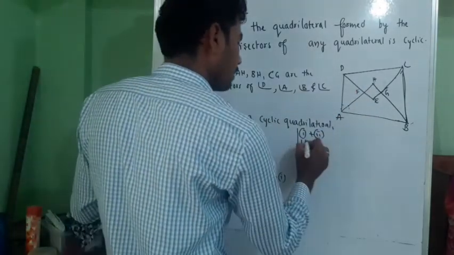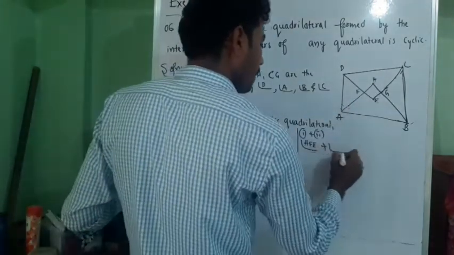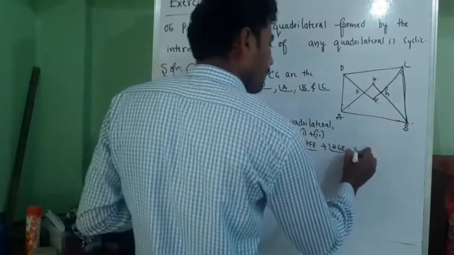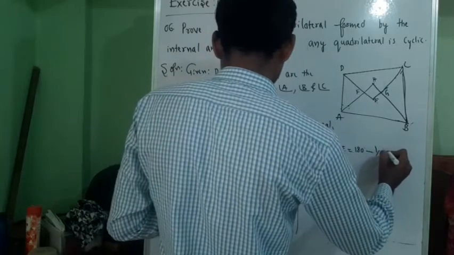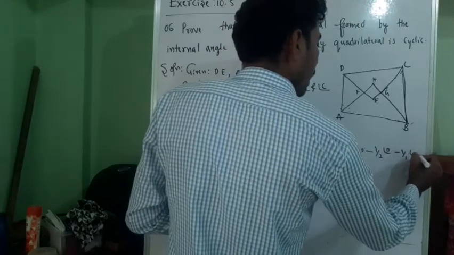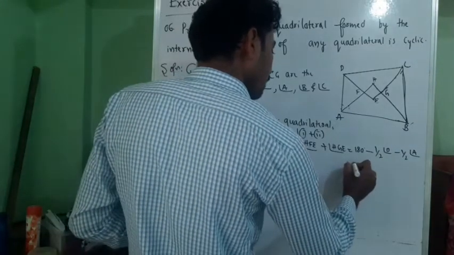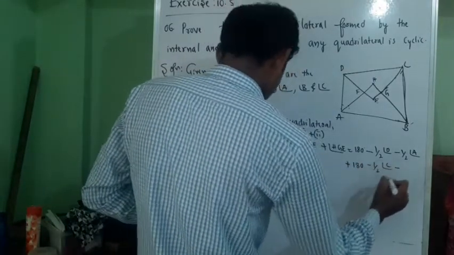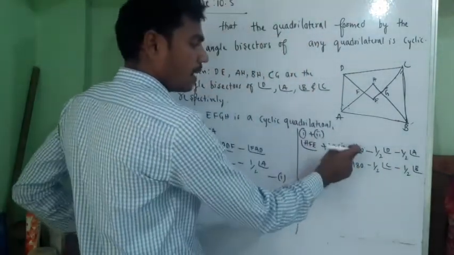Angle HFE plus angle HGE is equal to 180 minus half of angle D minus half of angle A, plus 180 degrees minus half of angle C minus half of angle B. So 180 plus 180 is 360.